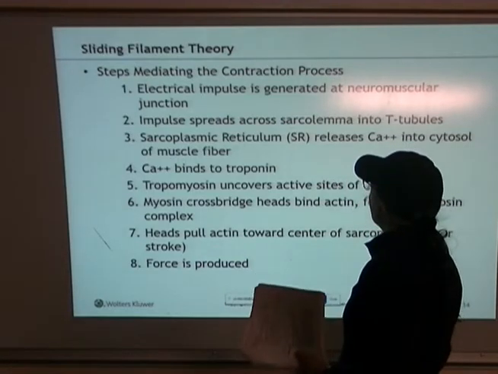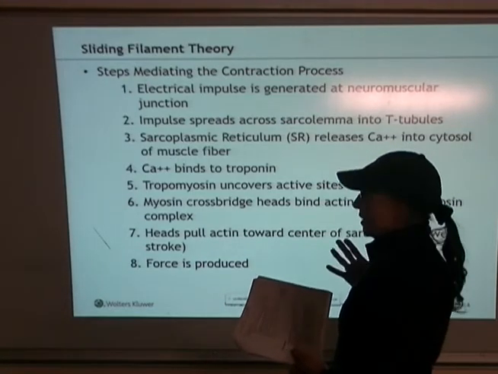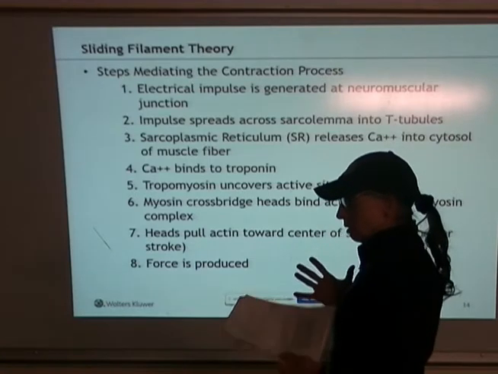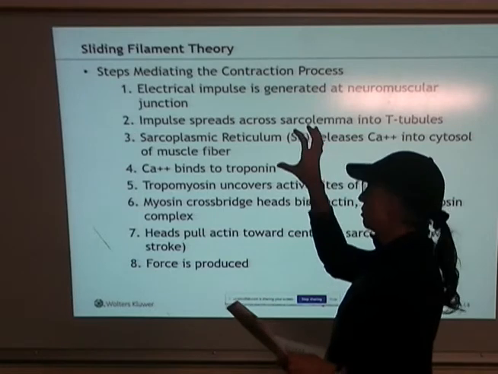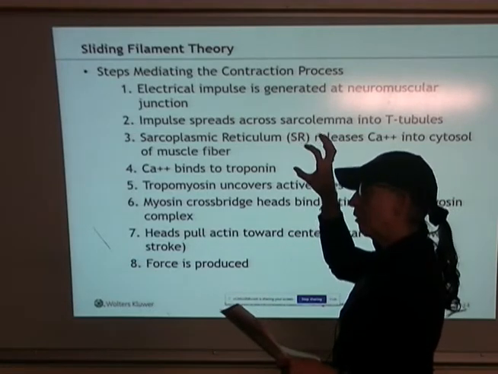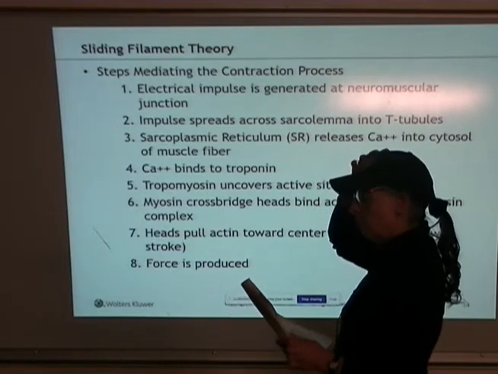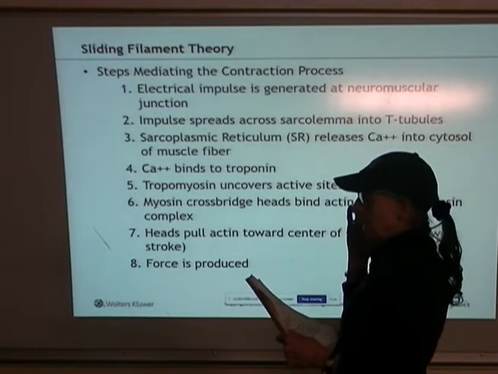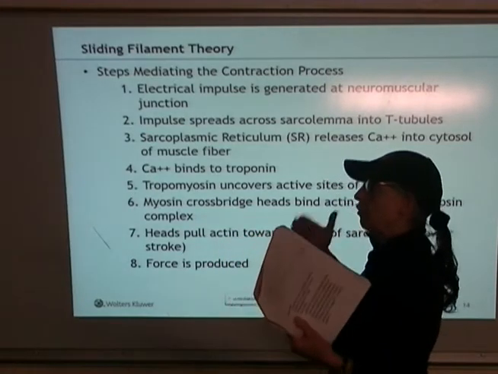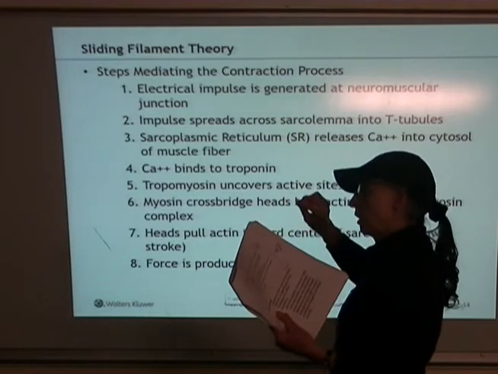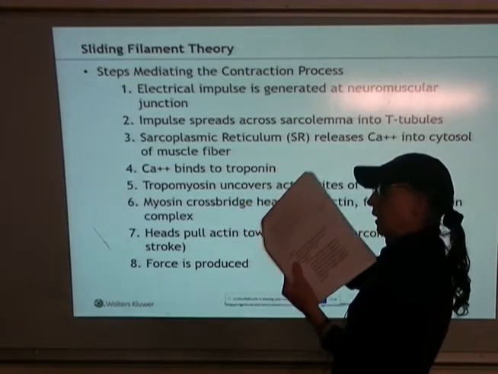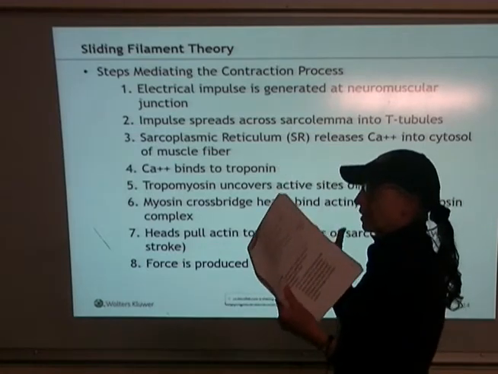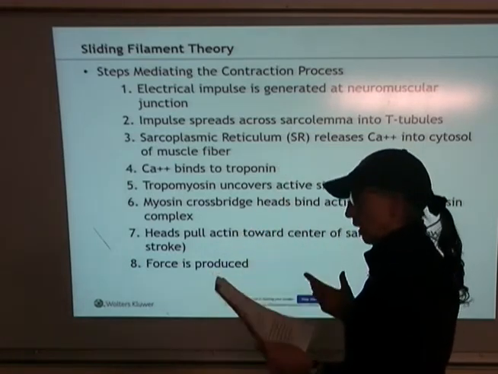So at rest, when the muscle is at rest, the myosin head cannot attach to that receptor site that we talked about on actin, on the troponin. The active site is covered over by the tropomyosin, the green and yellow kind of ribbon. That covers up the site when the muscle is at rest.